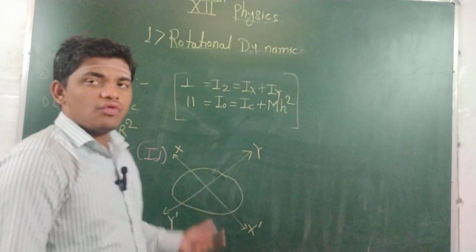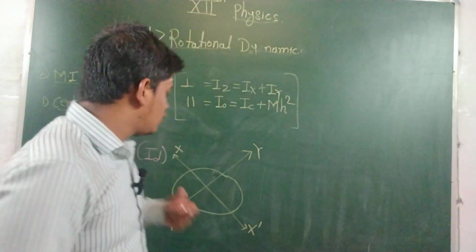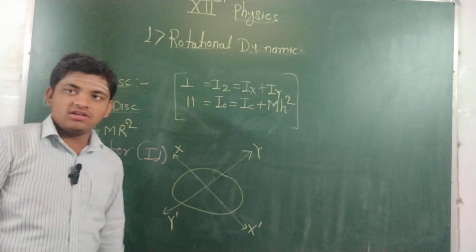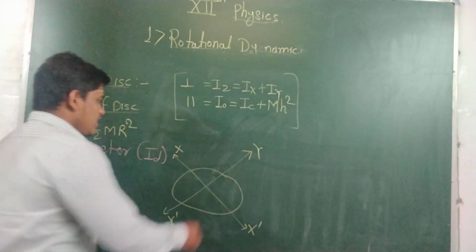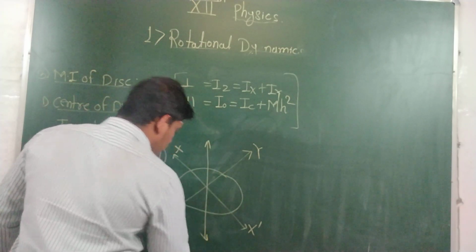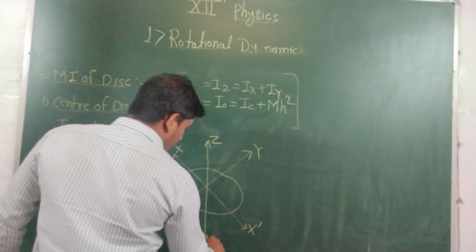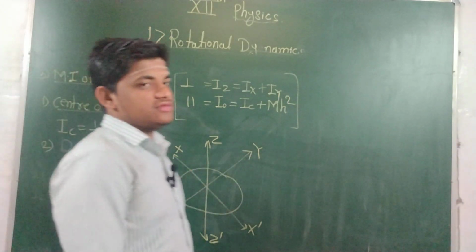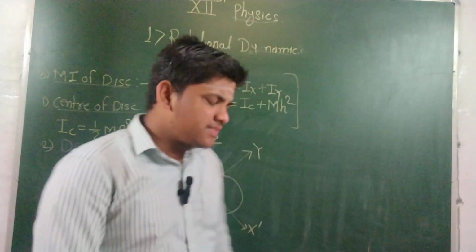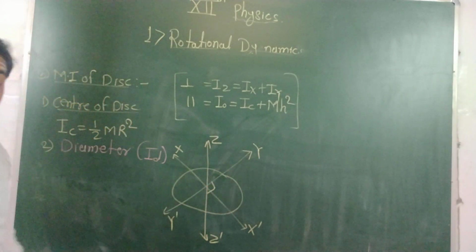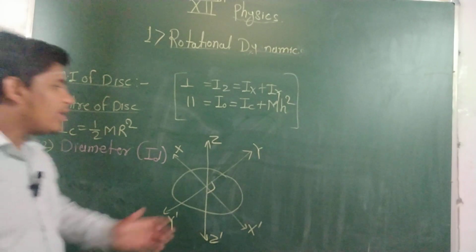These two axes of rotation are in the plane of the disk, and the one remaining axis of rotation is perpendicular to these two axes, and also perpendicular to the plane of the object. And please remember that the two axes along the diameters are perpendicular to each other.